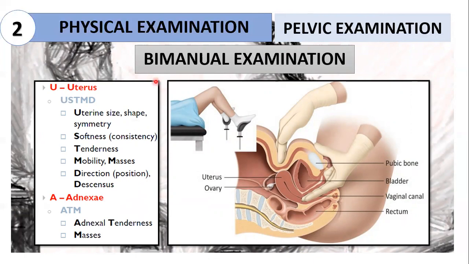As you can see here, the patient is in dorsal lithotomy, and the doctor inserted two fingers in the vagina while simultaneously palpating the abdomen from left to right to feel for any enlargement of the uterus, its size and shape and consistency, if soft or firm.